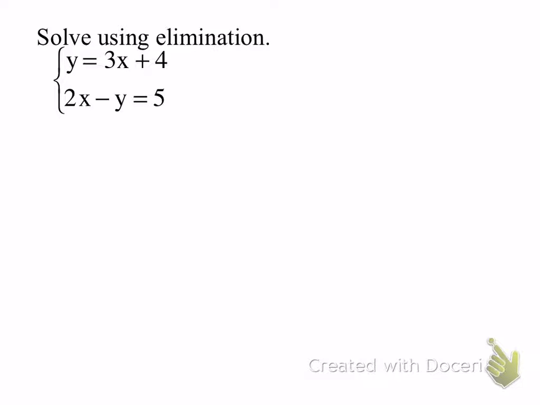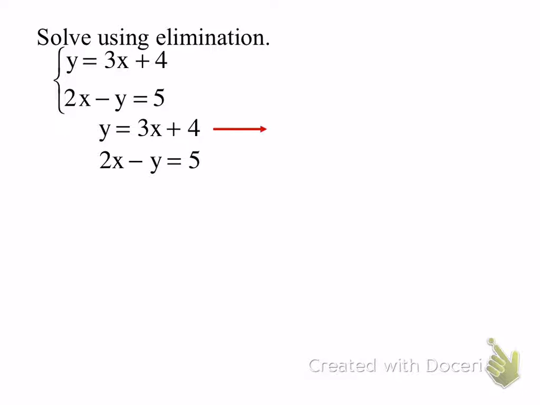Your x and y have to be on the same side, so I cannot just start lining the y's up. So what would I need to do? Sophie. The first equation, you have to subtract 3x. Good.